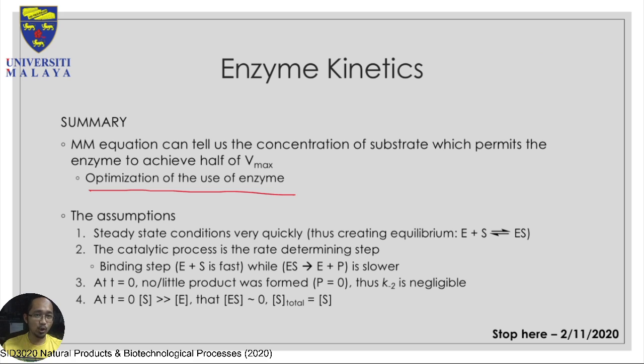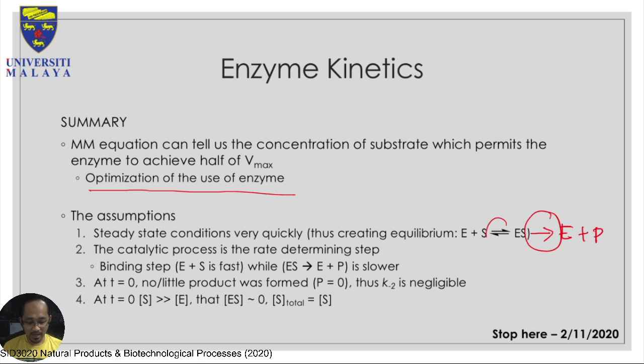Because if it's a slow reaction whereby your E and S react very slowly and don't form the ES complex, then the mathematical expression will be bad. So you need that assumption, thus creating equilibrium between E plus S and ES in a very short time. Assumption number two is that the catalytic process is the rate determining step, where ES produces E plus P.